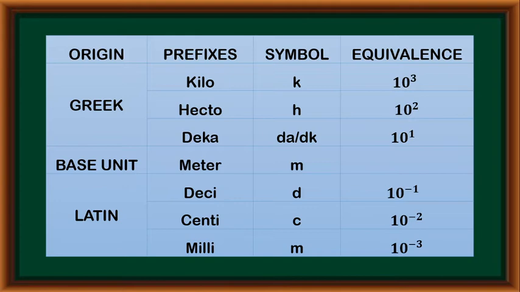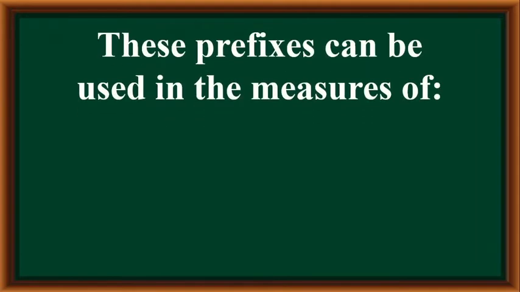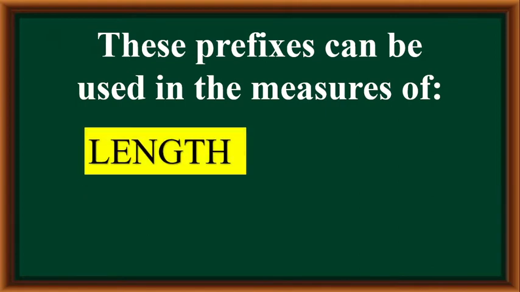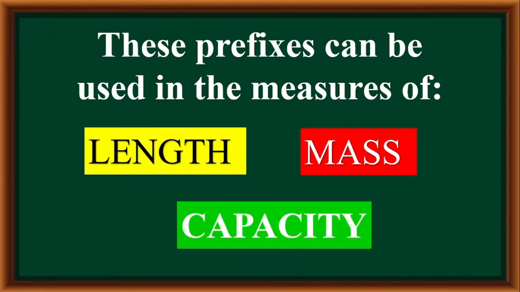Milli, which is in the symbol of m, which is equivalent to 1 over 1,000 or 10 raised to negative third power. These prefixes can be used in the measures of length, mass, and we have capacity.